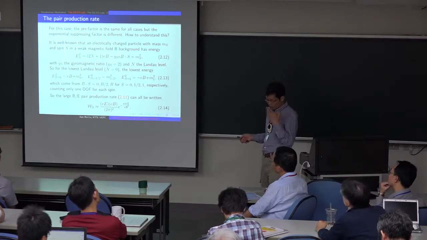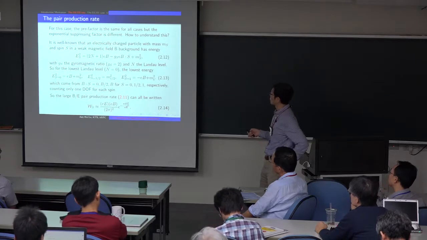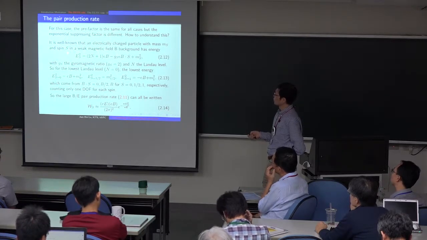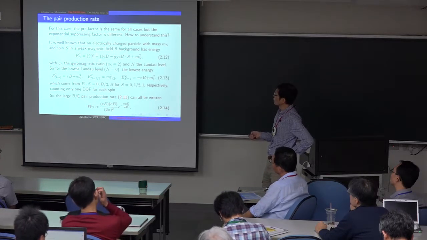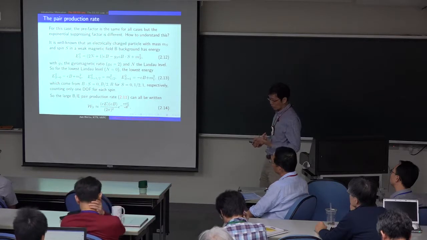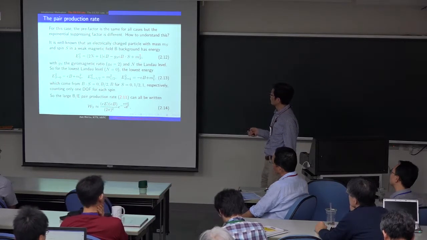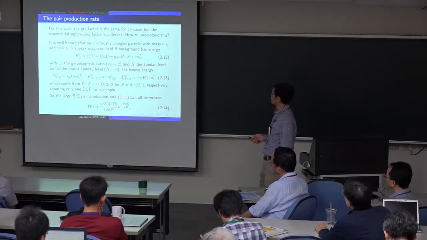So to explain, what do we have? We just consider a massive charged particle with spin in a weak electric field. The energy spectrum is given by this. This basically is the Landau motion, and this deals with the charged particle's magnetic moment coupled with the magnetic field, and this is the original mass when we turn the B off.